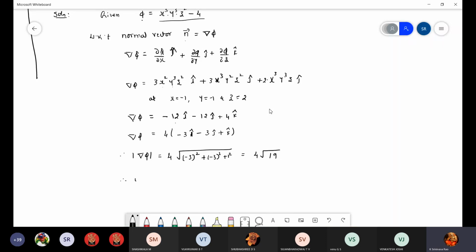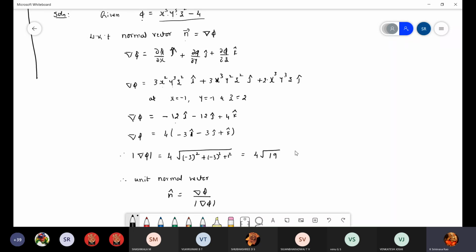Therefore, the unit normal vector. You write at the end: unit normal vector n cap equals grad phi divided by its magnitude.